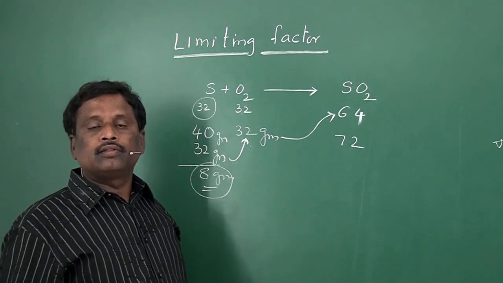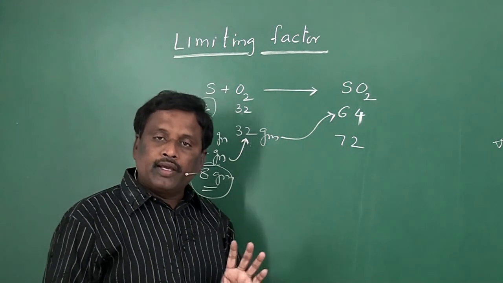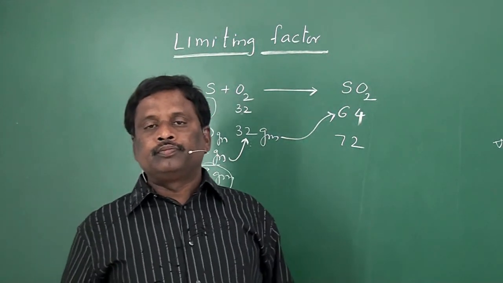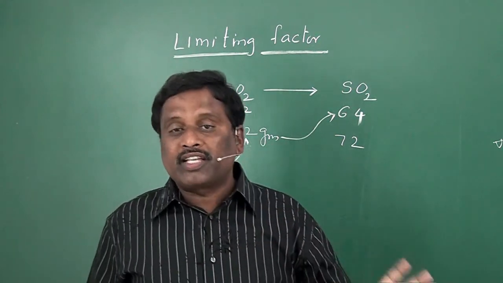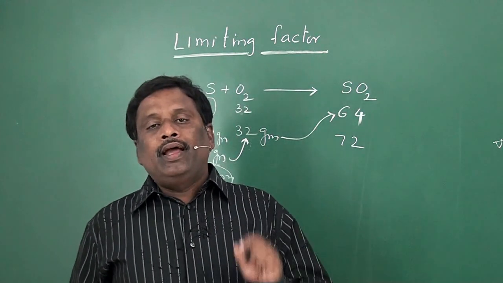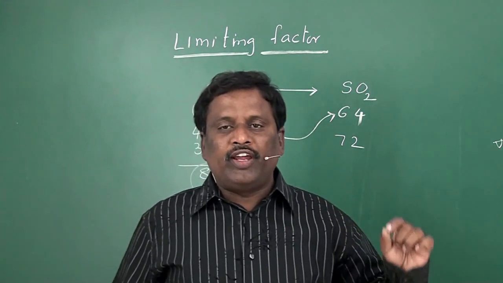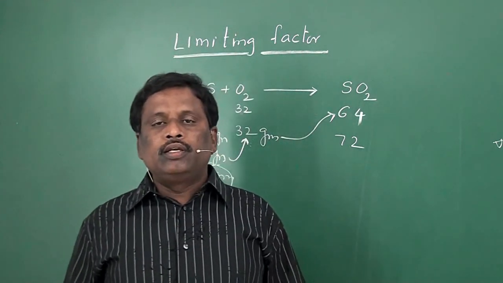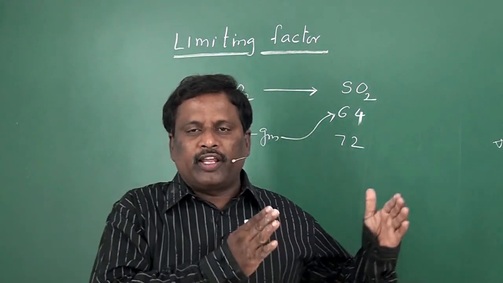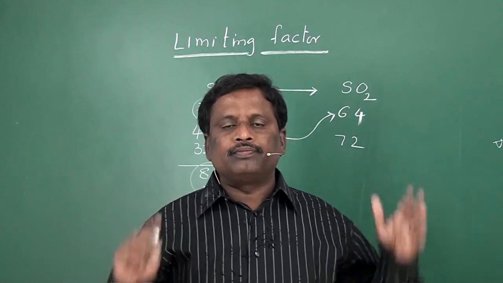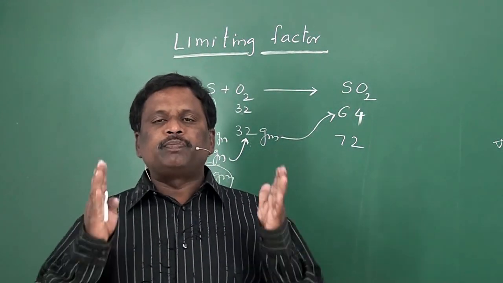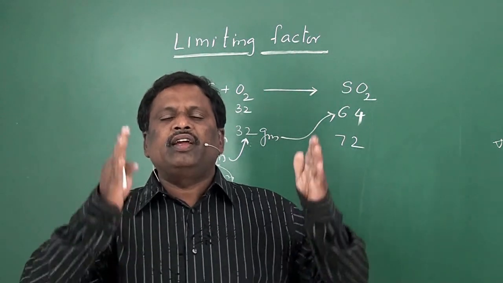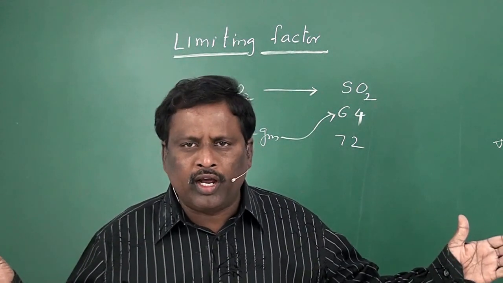That is, in any chemical reaction, if it is a stoichiometric reaction or a balanced chemical equation, according to their atomic weights or molecular weights, the reactants and products will take part in the reaction. They react with each other in a specific fixed ratio. That ratio will not change.